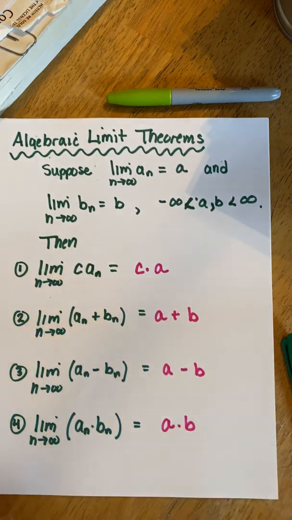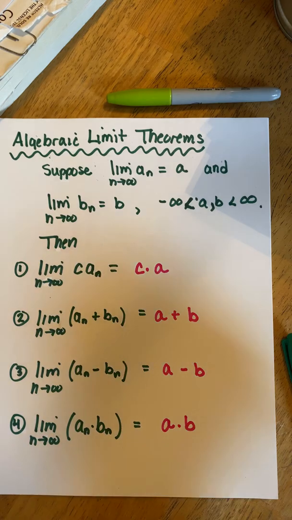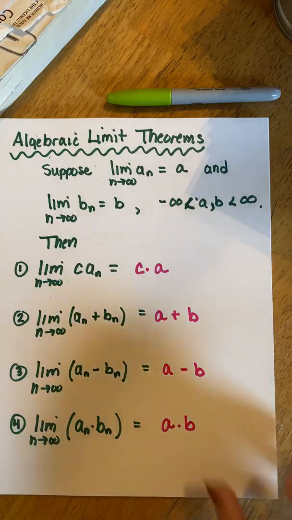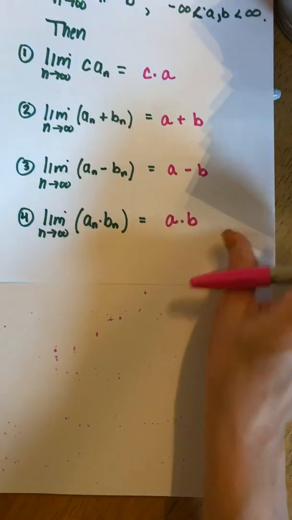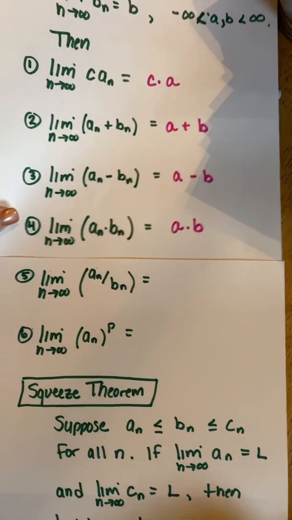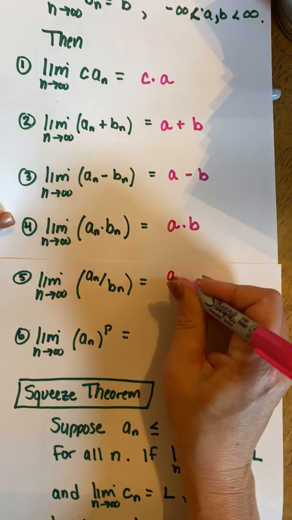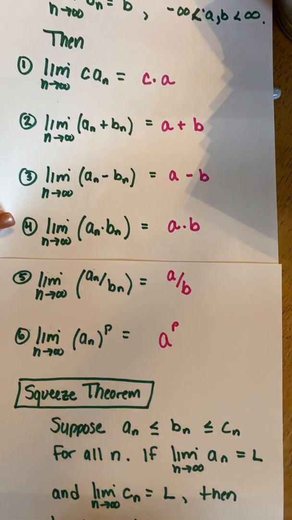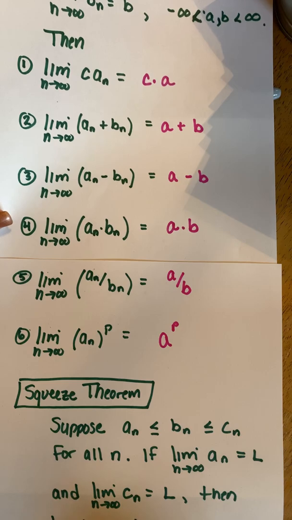So again, these are just our calculus theorems. The limit of a quotient is the quotient of the limits. And we'll see these in practice as we work along. And the limit of a sequence to a power is just the limit to the power.